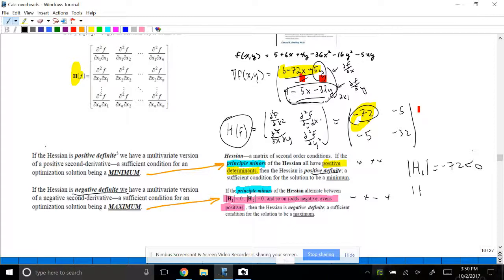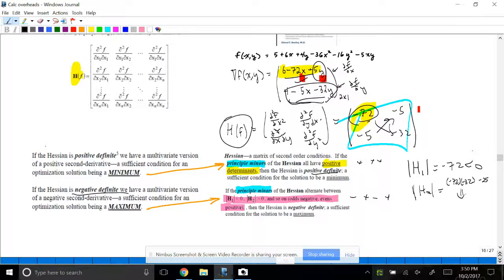So if we take the determinant of the second principal minor, which is the entire matrix, it's going to be negative 72 times negative 32 minus 25.